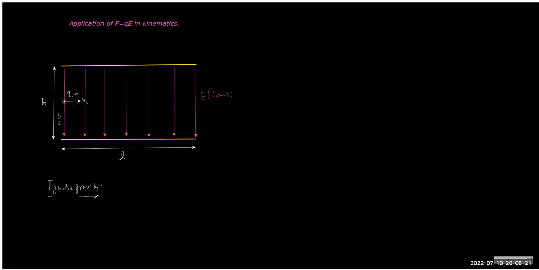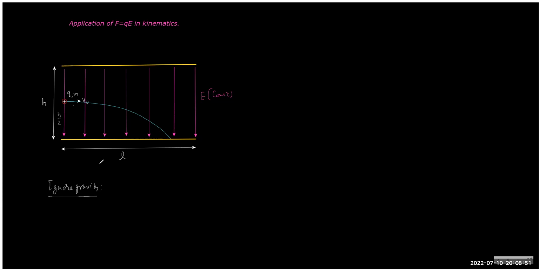Now, ignoring gravity, what will be the path of this charged particle? That's pretty easy to guess. This is the simple case of horizontal projectile motion. So what are the possible questions? Where it will land, the time of flight, the range, or the maximum or minimum velocity required to exceed the plate or leave the capacitor.